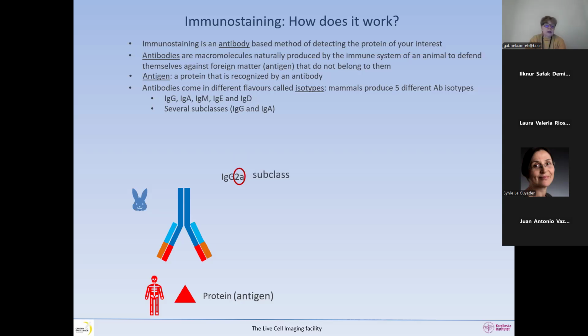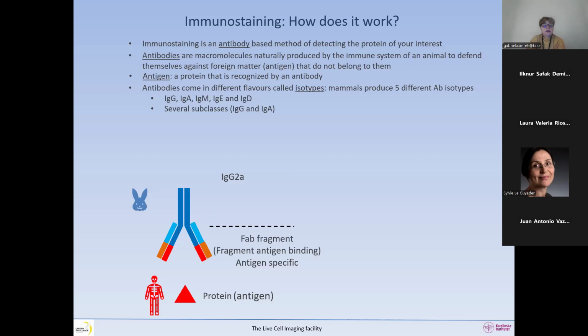Now, IgG antibodies consist of 2 identical subunits, each having a heavy chain and a light chain, and these subunits are linked together by disulfide bridges in a Y shape.